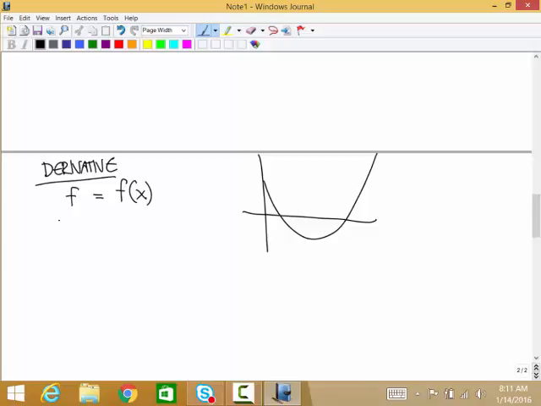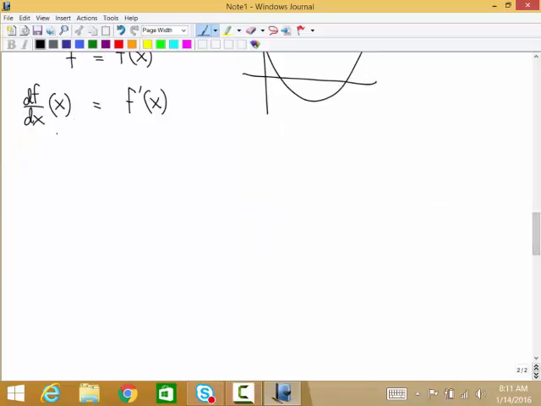Okay, so df dx is also a function of x, and you can write that as f prime of x. And so this derivative is also a function of x.